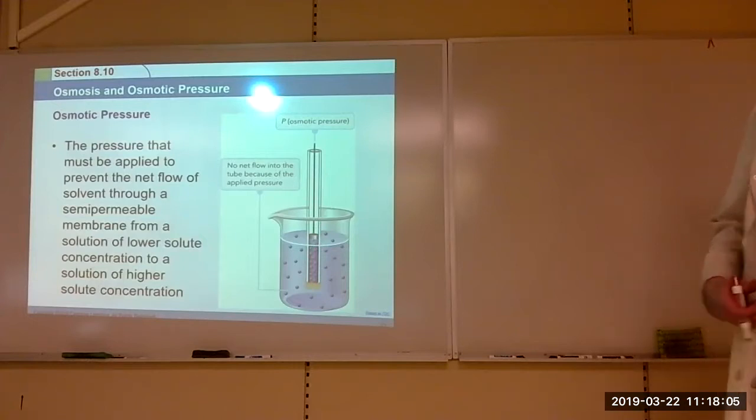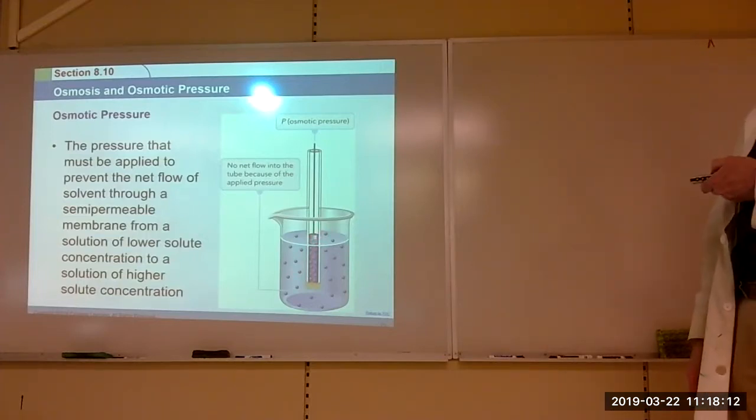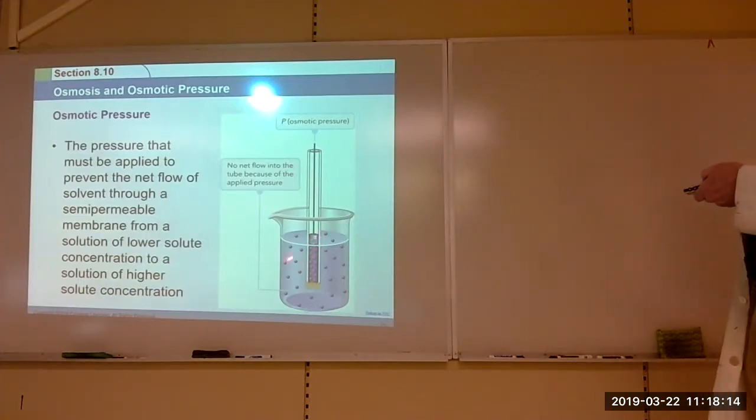But what if we can build pressure on this side of the membrane? If we can counteract the osmotic pressure sufficiently, we can drive the water backwards, and the water would come out through the membrane that direction, because we exceed the osmotic pressure of that solution.